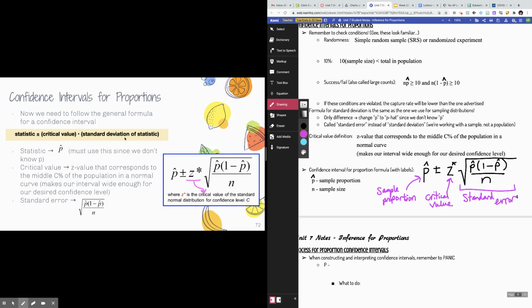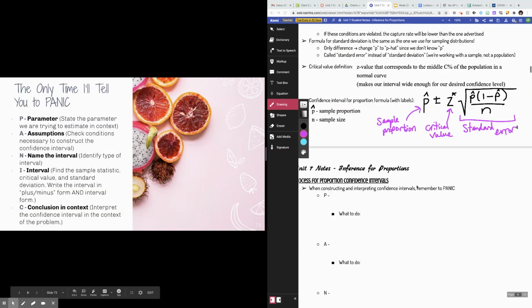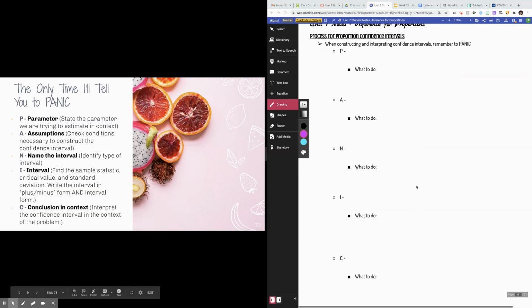So now that you have the formula and the conditions, let's talk about the acronym. Okay? You know me, I love acronyms, right? So this is your process when you are doing any confidence interval, right? Whether it's means or proportions, it's the exact same process. Okay, so when you are constructing a confidence interval, this is the only time that I will tell you to panic, P-A-N-I-C.